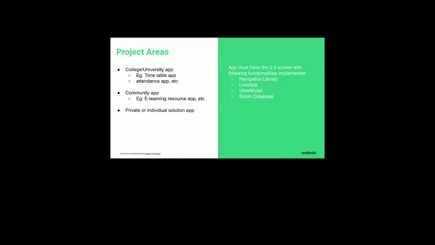These 3 points are the areas you will get: college university app, community app, and private or individual solution app. In community app, you can build an e-learning resource app. In the private or individual solution app, you can build a local business app.